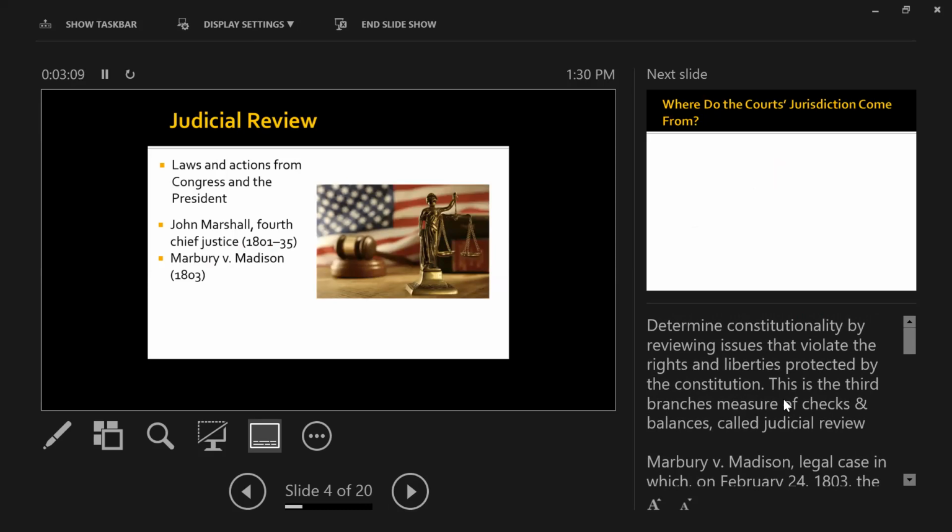So in judicial review, laws and actions from Congress and the president are reviewed by the Supreme Court.